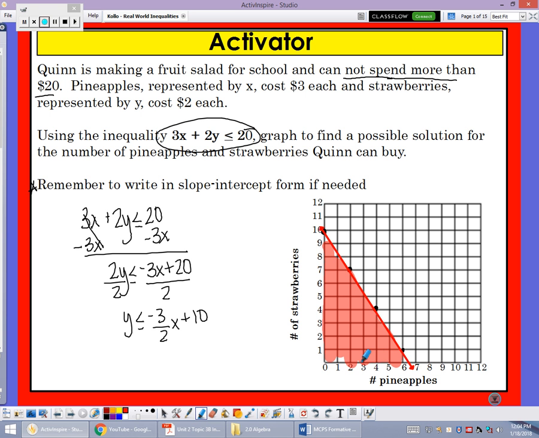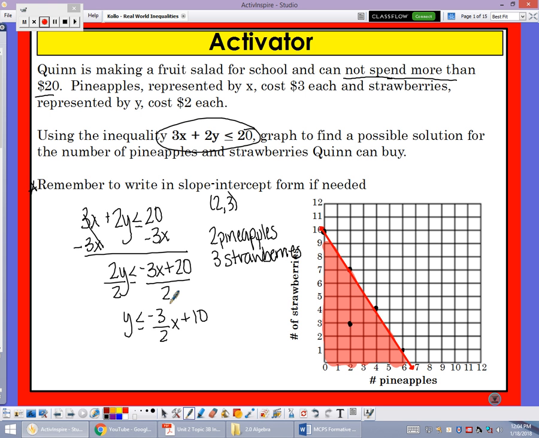So hopefully when you give your possible solutions, you use words. If you don't use words, then I'm not going to know exactly what you're talking about. For instance, I can see that 2, 3 is a possible solution, but if you just give me 2, 3, I'm not going to know whether you want this 2 to mean pineapples or strawberries. So if I'm talking about 2, 3, I know 2 is talking about my x-axis, so I would say 2 pineapples and 3 strawberries.